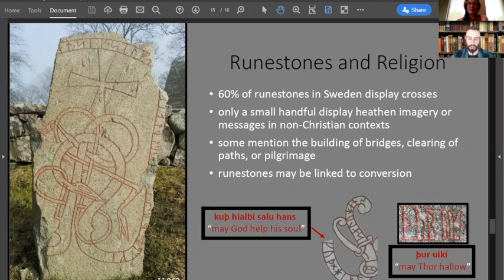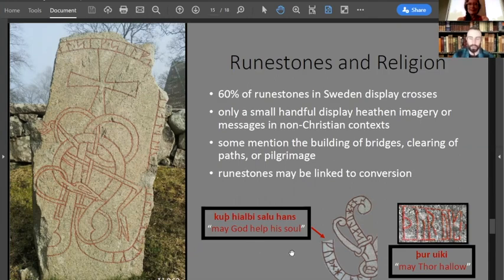And in contrast, there's only very few that contain definitely heathen imagery or messages. Some runestones mention the building of bridges, the clearing of paths, or pilgrimage, all of which were considered pious Christian deeds. And some think that the sudden explosion of runestones after the year 1000 may actually be linked to the conversion itself. So raising a runestone with a big cross on it on your property was a pretty good way of letting people know that you were a Christian.